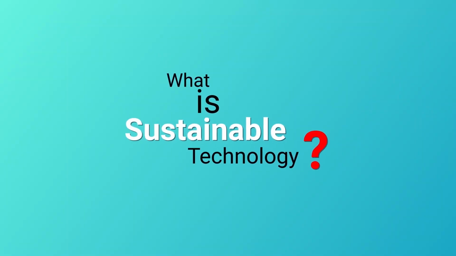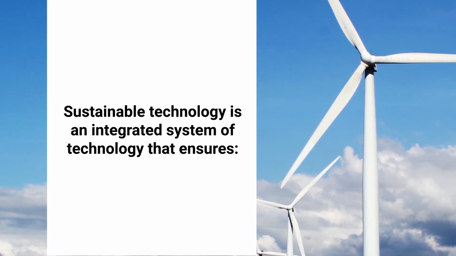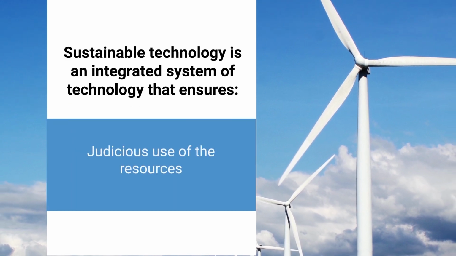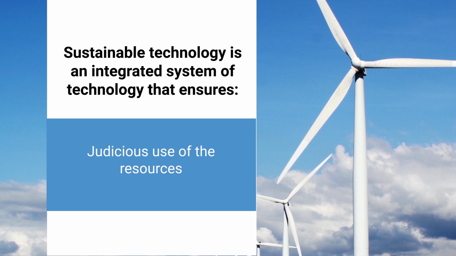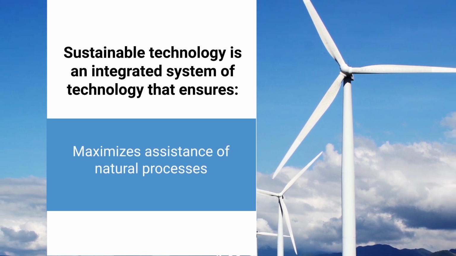So, what is sustainable technology? It is an integrated system of technology that ensures judicious use of resources. Which resources? Natural resources. It maximizes assistance of natural processes.